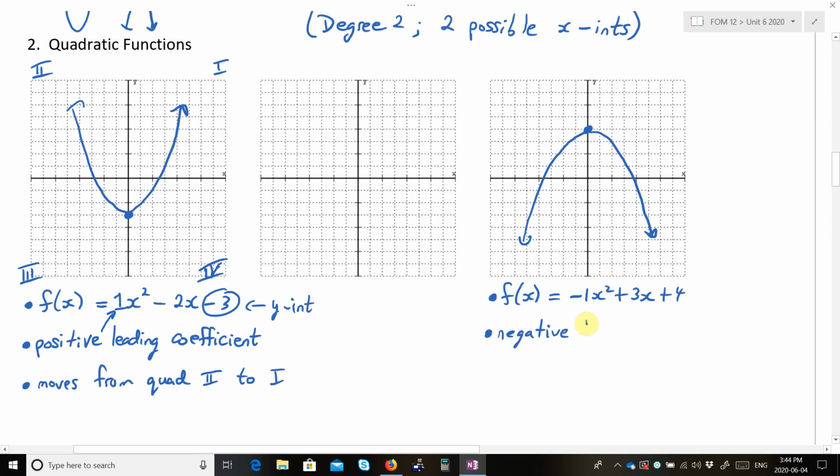This example has a negative leading coefficient. That positive 4 is the y-intercept. Okay, you can see that that's right here, right? The y-intercept. I'm just going to erase that.